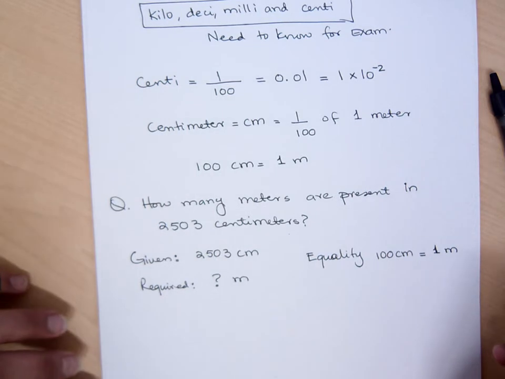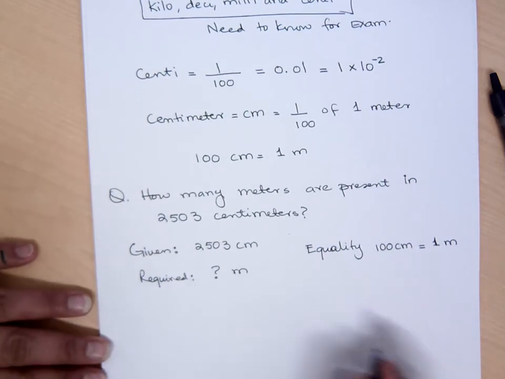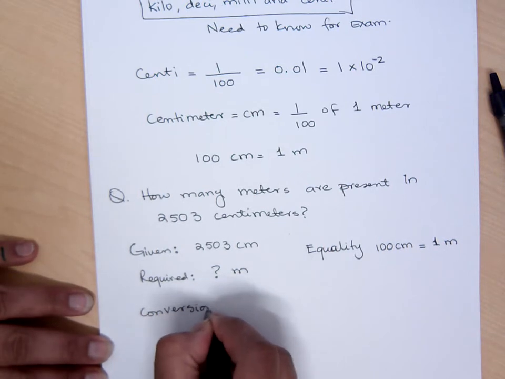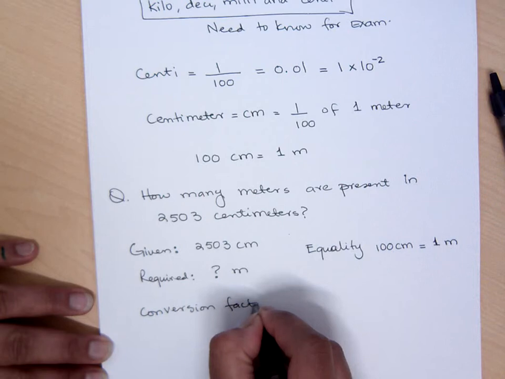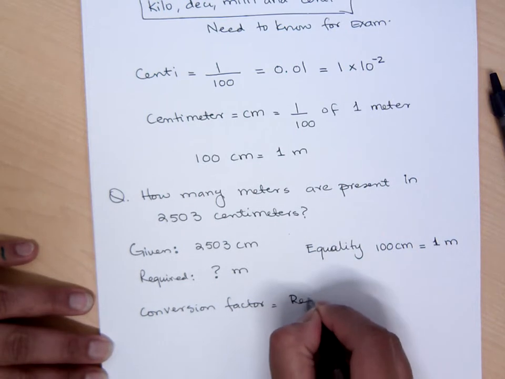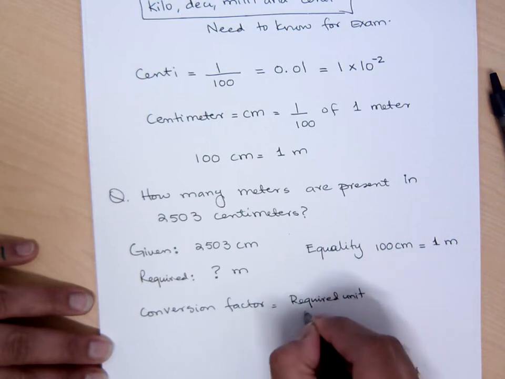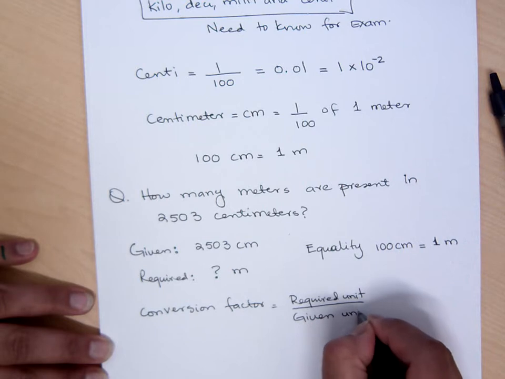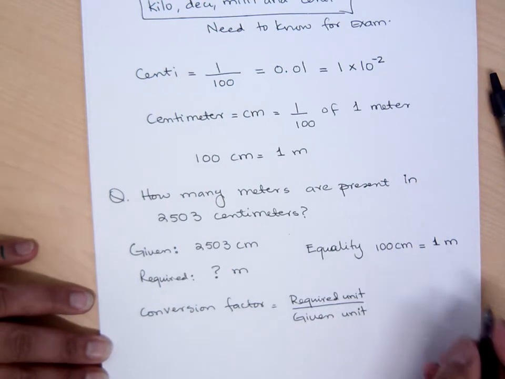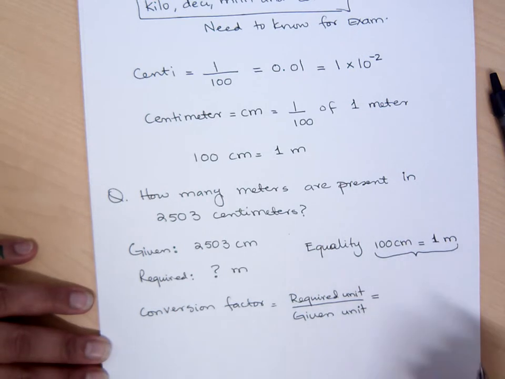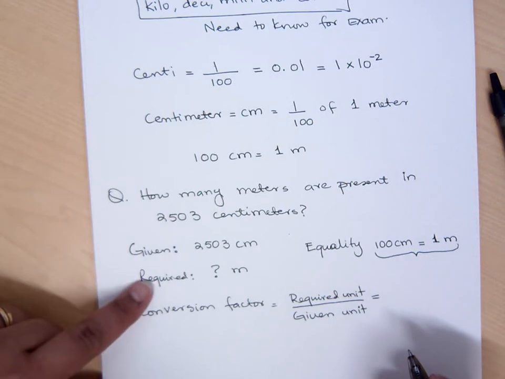Okay? It is also important to see that we need to use what's called conversion factors. Conversion factors are such that they have the required unit on top and the given unit on bottom. So when you have to make a conversion factor out of an equality, check what the required unit is.